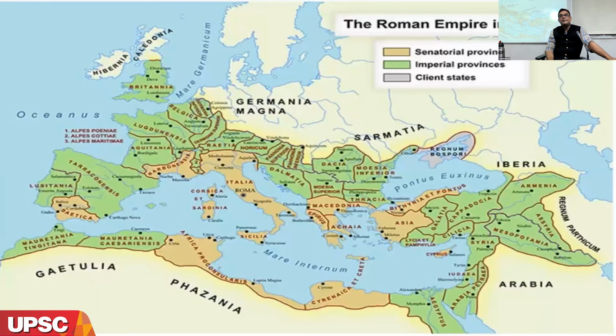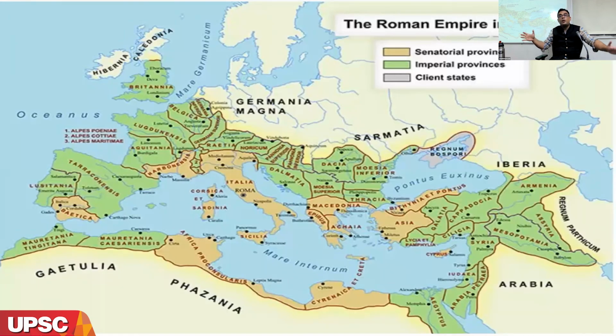You can see on the screen, the map reflects the territory of the Roman Empire in ancient times. Such a massive sprawling empire that spans from Britannia and Spain in the northwest and west to Asia Minor in the east, north right up to the area of the Germanic tribes, and in the south, the northern coast of Africa.